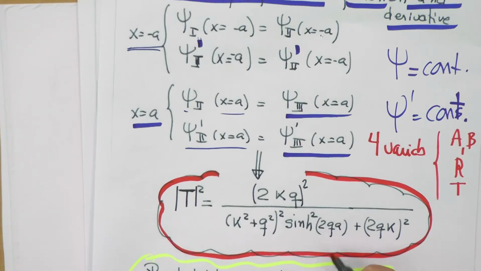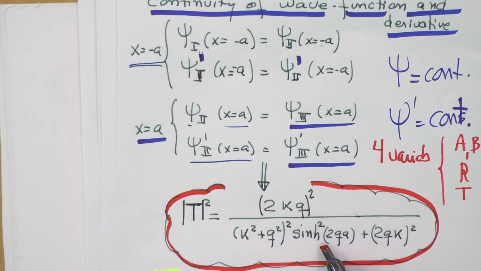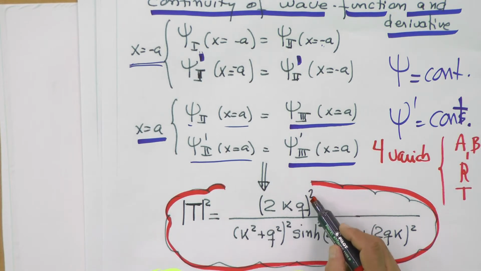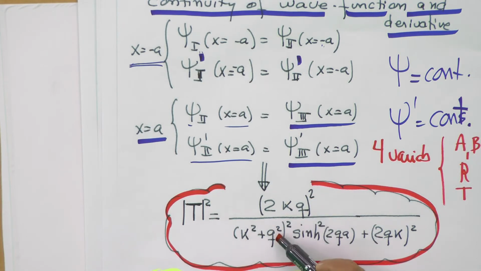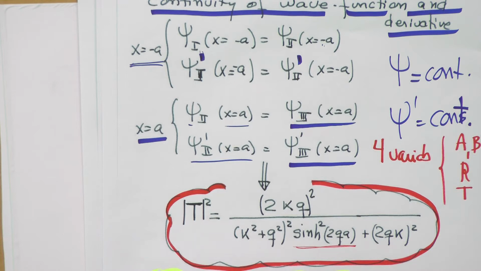So the transmission will go down because of the sine squared. This expression I did not explore, but it is 2kq squared on the numerator, divided by k squared plus q squared, everything squared, times sinh squared of 2qa, plus 2qk squared. This is the expression. But this term has the exponential.